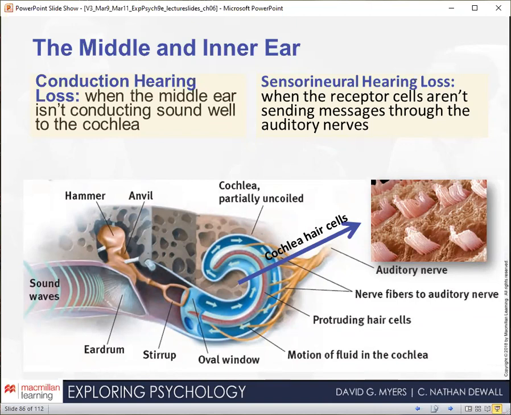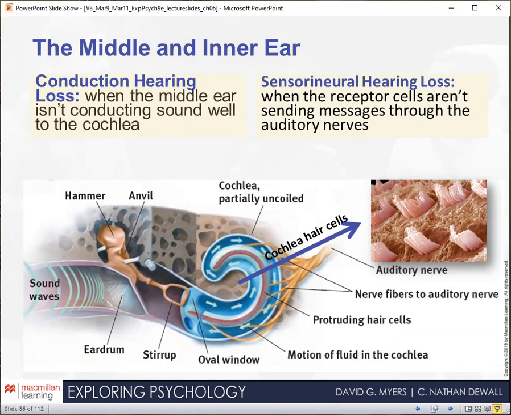Now, a couple of ideas here that I want to make sure you understand: sometimes we have the inability, or our hearing is not as well tuned as it could be. We can have some sort of hearing loss, which many people are in danger of, and probably a growing number as they listen to music with their earbuds in their ears at too loud a volume, which can cause damage long term. We have conduction hearing loss when the middle ear isn't conducting sound well to the cochlea.